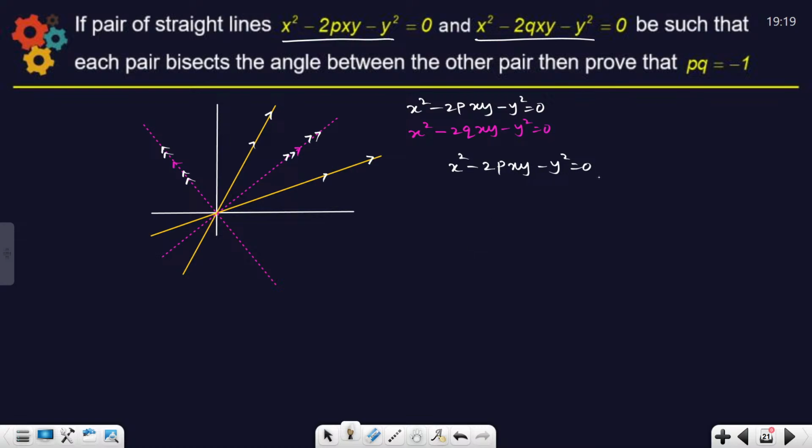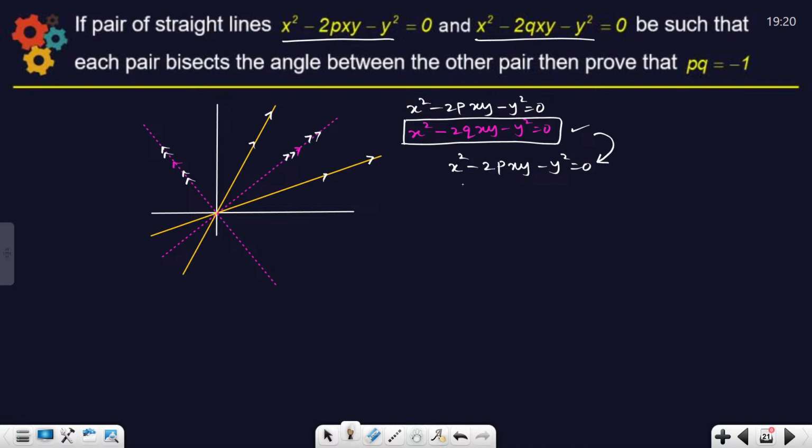For this, I will find out the equation of the angle bisector, which will be nothing but this one. You can do the other way around. You can take this line and find the angle bisector of these two lines to get the equation in this form. Either you can take the first one or the second one. Choice is yours.